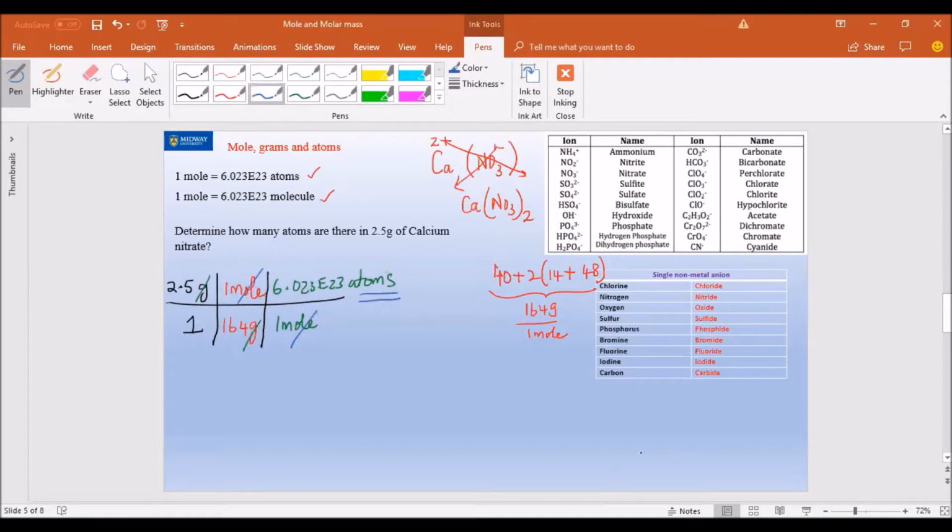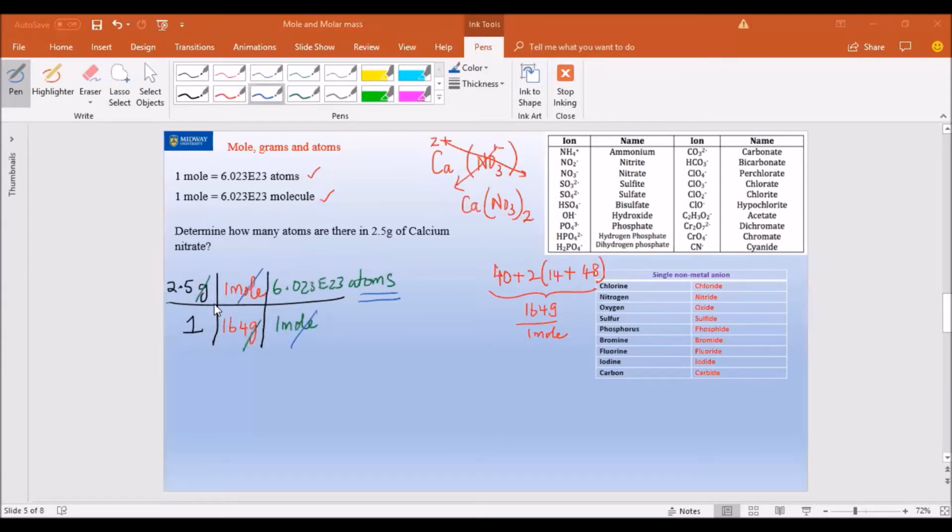And how do we put all this in the scientific calculator? Well, we've got our 2.5 grams, right? 2.5 divided by 164. That's our moles.